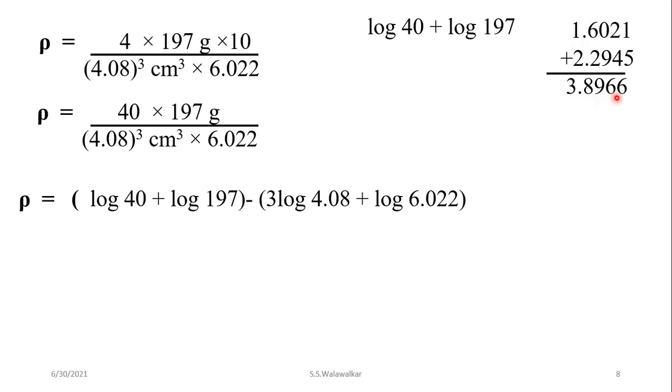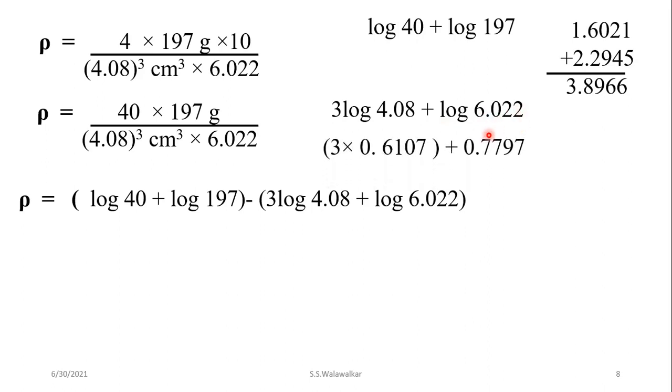And 3 into log of 4.08 plus log of 6.022. Log of 4.08 is how much? 0.6107.